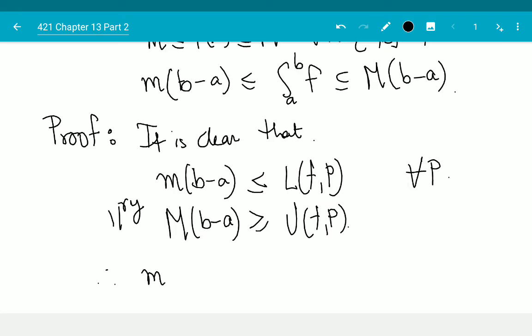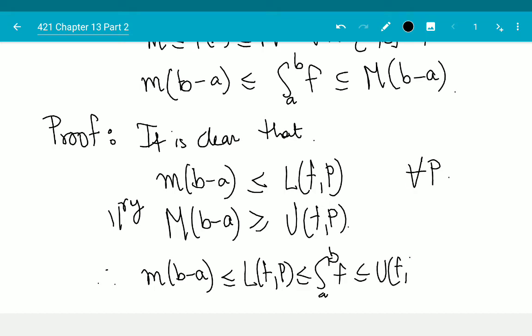Therefore, m(b minus a) is smaller than or equal to L(f, P), smaller than or equal to the integral from a to b of f, smaller than or equal to U(f, P), smaller than or equal to M times (b minus a). Ta-da! And that is done. Okay.